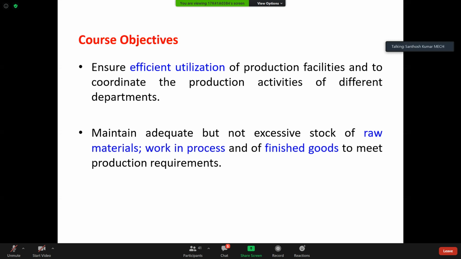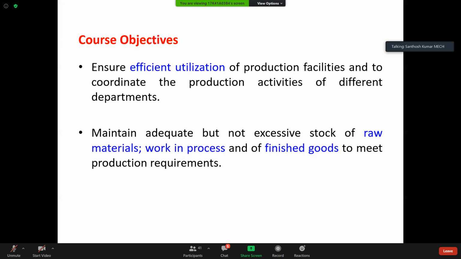Manufacturing is again a big classification, like fabrication, machining, finishing and painting, but I'm telling only manufacturing. After that, final assembly and dispatch. So this is the complete 6 departments.